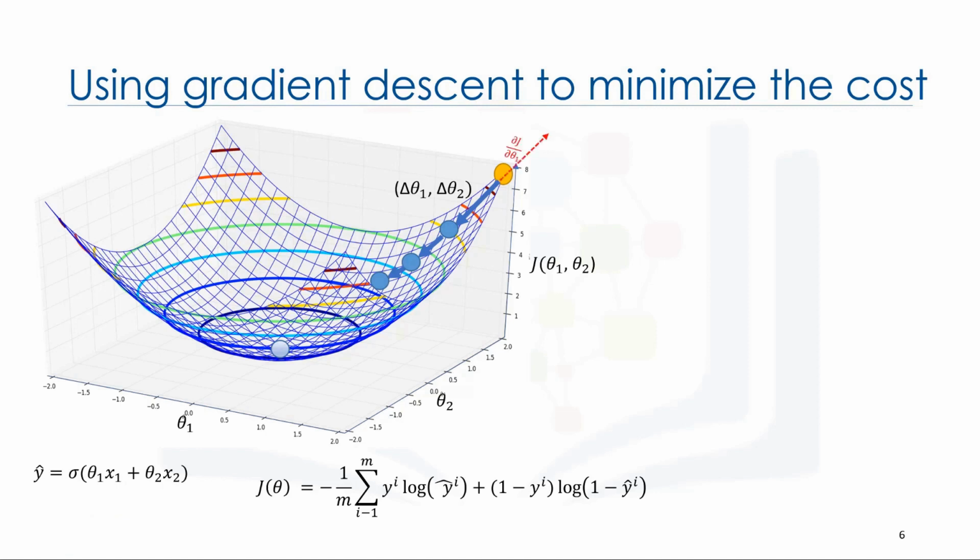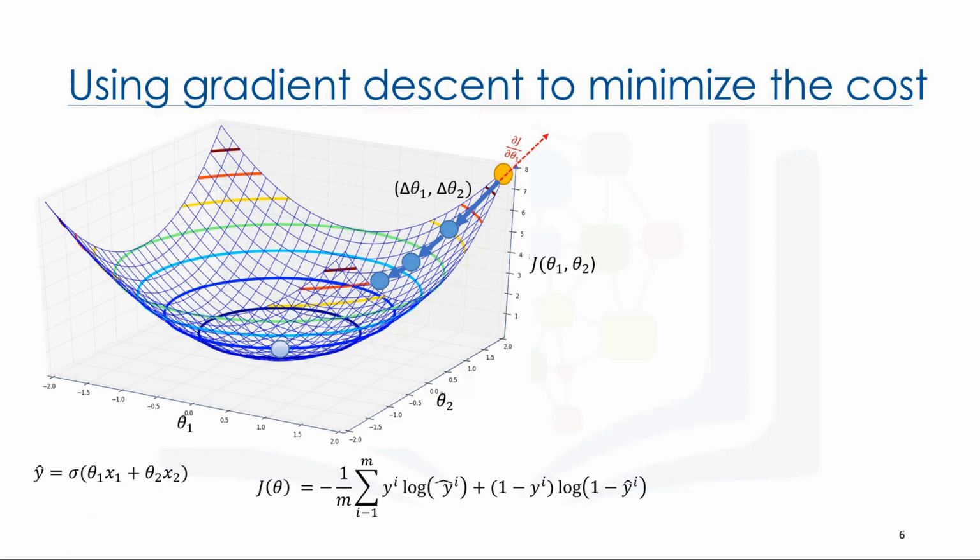If you select a random point on this surface, for example the yellow point, and take the partial derivative of J of theta with respect to each parameter at that point, it gives you the slope of the move for each parameter at that point. Now, if we move in the opposite direction of that slope, it guarantees that we go down in the error curve.